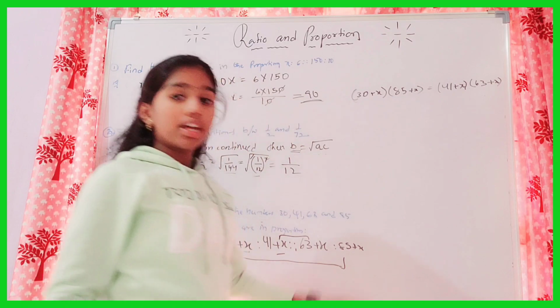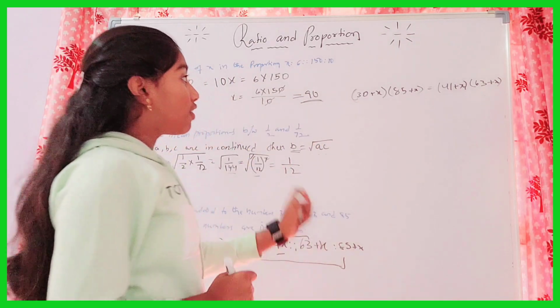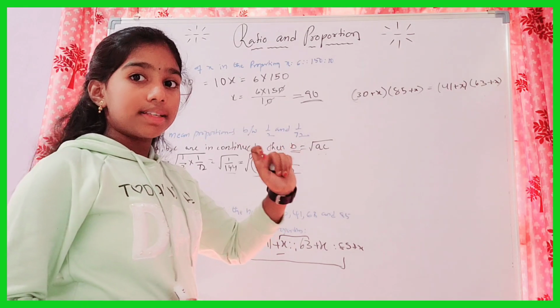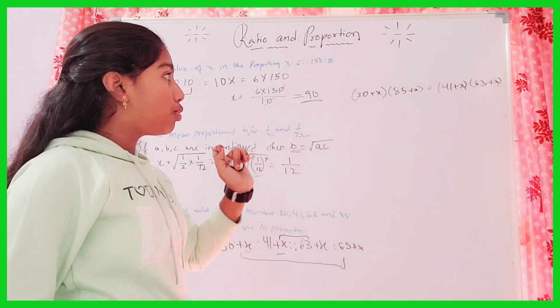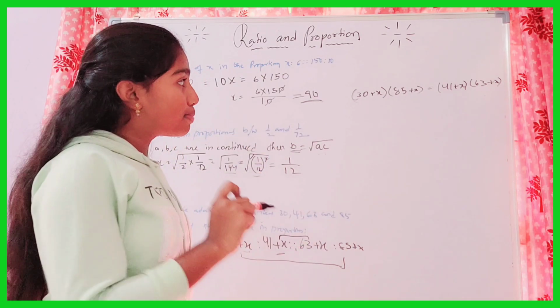Now we know the distributive property: a into b plus c is a into b plus a into c.